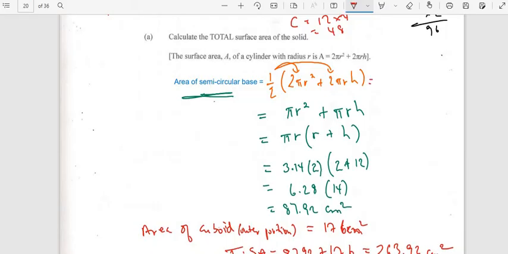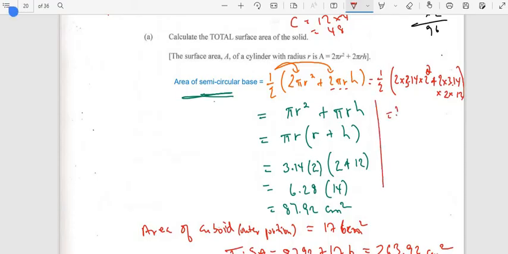If we had done that, it would have been 2 times 3.14, or pi, times the radius squared, plus 2 times pi, which is 3.14, multiplied by r, which is 2, times height, which is 12. We want to cover this.